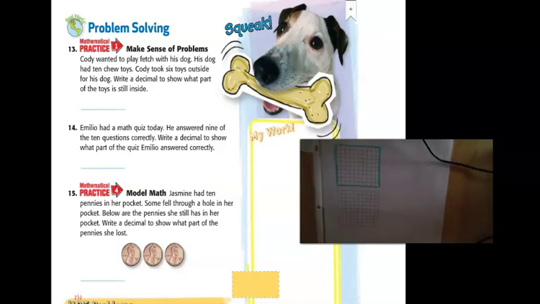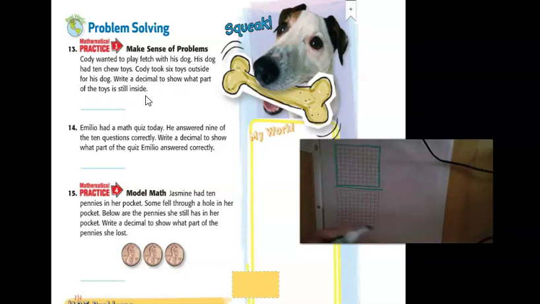And this way you can just slip it in a page protector if you want, or do the problem separately on your grid. Okay, so Cody wanted to play fetch with his dog. His dog had 10 chew toys, so that would be the 10 rows. Cody took 6 toys outside for his dog. Write a decimal to show what part of the toys are still inside.